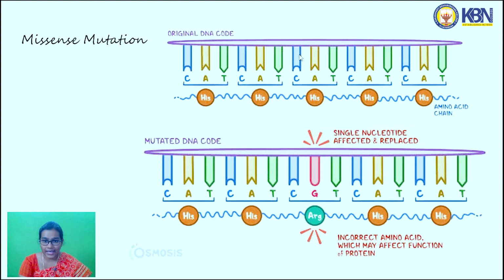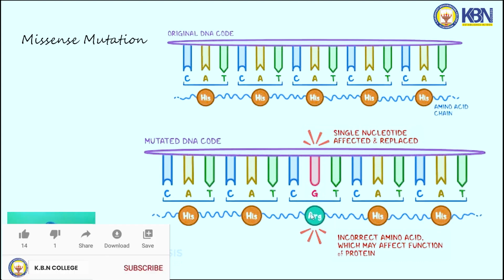Observe this. Here we have CAD, which codes for histone protein, and here we have G instead of A, and we got ARG, arginine.